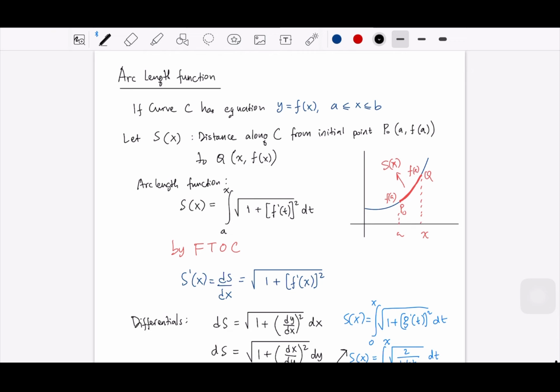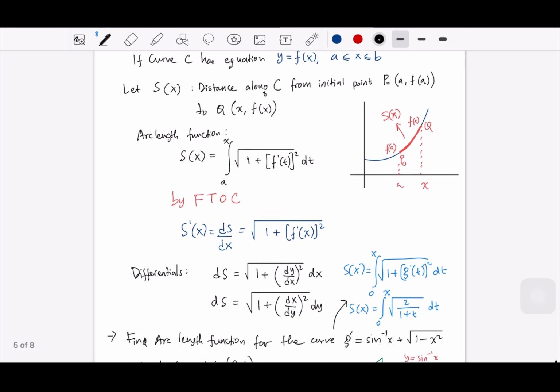We add all the segments that we cut from the curve, and because of the addition, we approach that with our integral, right? And we also learned that we could represent the arc length in a function, like we did before here.